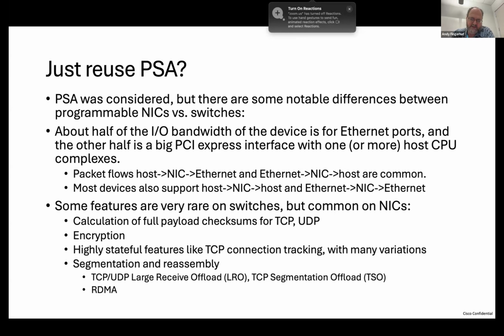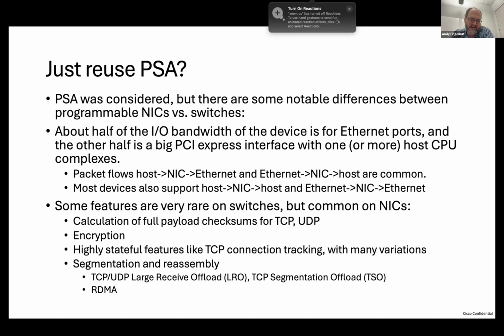It's just expensive to touch every byte that way in a switch ASIC, extra cost. Full payload encryption and decryption in the fast path is much more common on NICs. I mean, it does exist in some switch ASICs, but it's a rarer feature, certainly, and very much more common in NICs.